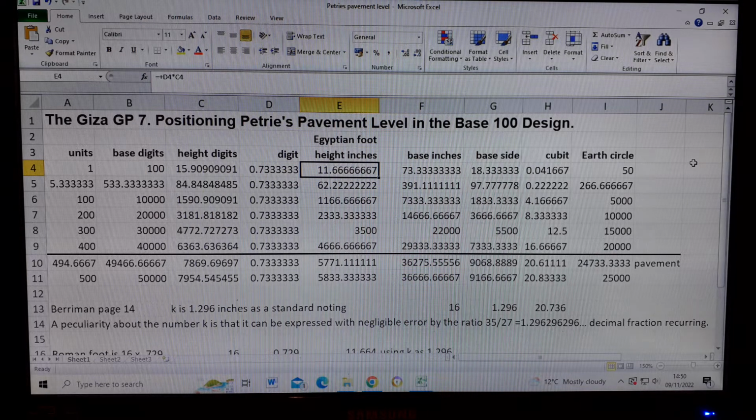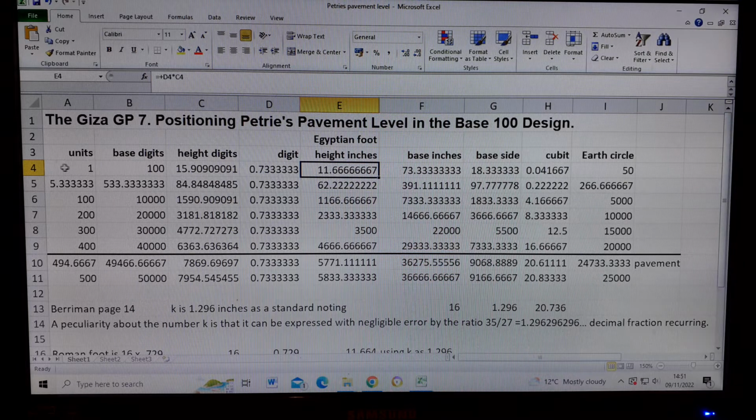The Egyptian foot is 1.32, which is the lunar standard of Lagash, multiplied by 4 to give 5.28, then multiplied by 100 over 99 to give the base 100 unit that is used to give the elevation of the pavement over the base. And it's 62.222 inches. Not a surprise, because the Egyptians were using 10 over 9 as a unit, which is 1.111.